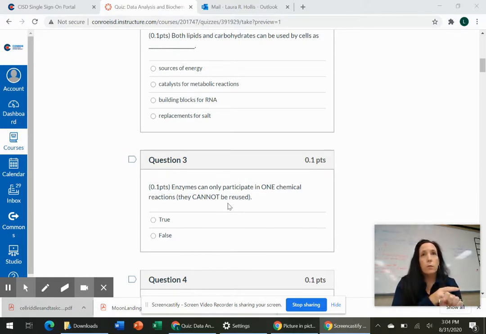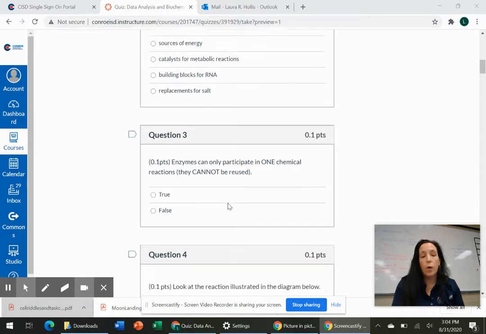Enzymes can be denatured with high salinity or salt content. Enzymes can be denatured or destroyed with high temperatures. But if all the conditions are right, enzymes can be reused over and over. So number 3, enzymes can only participate in one chemical reaction, that they cannot be reused, is false.